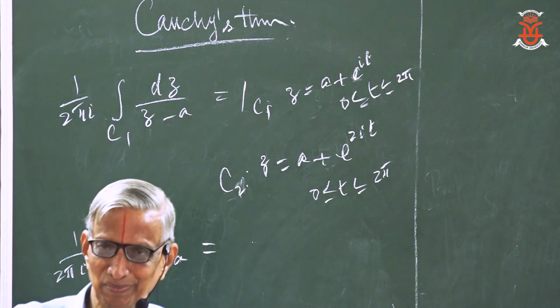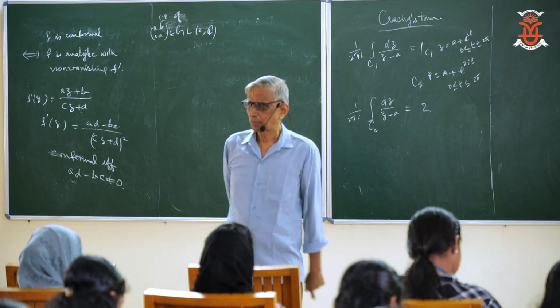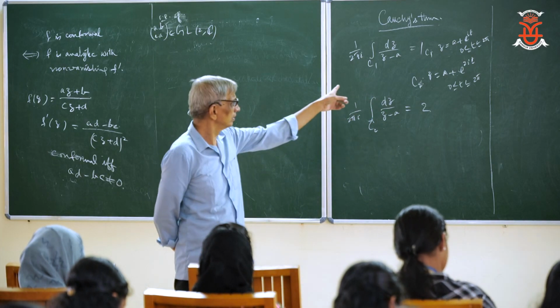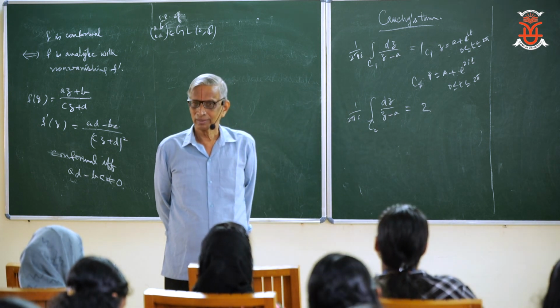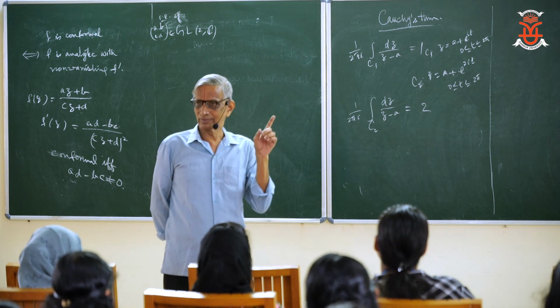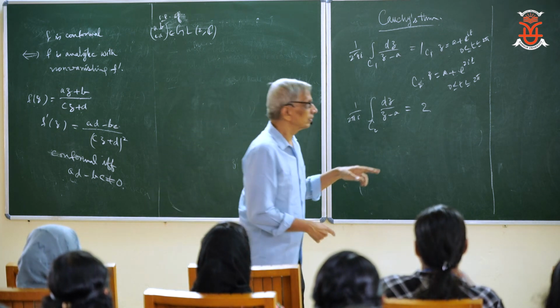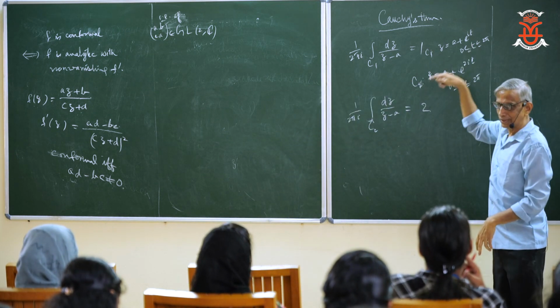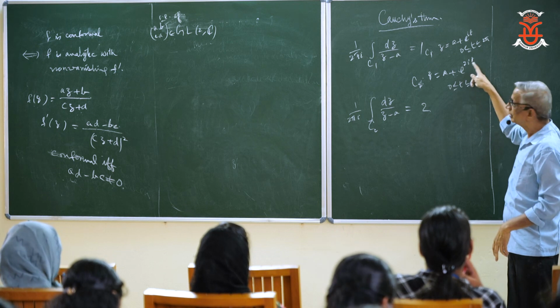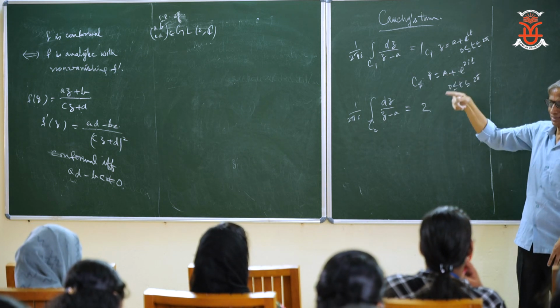Tell me, calculate and tell me. But what is the curve? What do you get? It's again the circle, the same circle, but what happens now? As t varies from 0 to 2 pi, it goes around the circle once. But here, 0 to pi, one circle again.